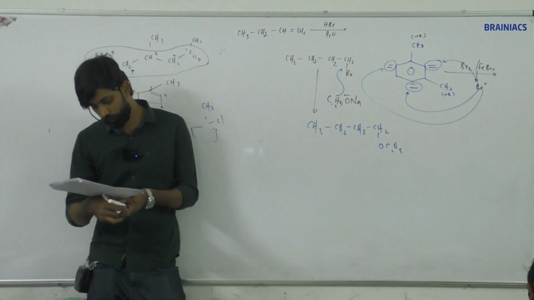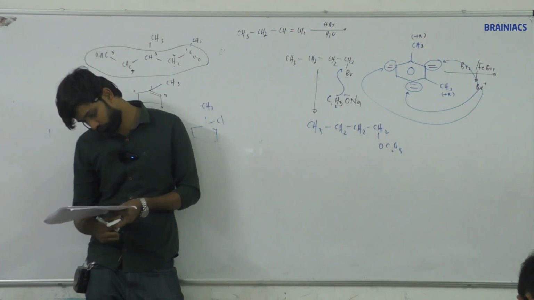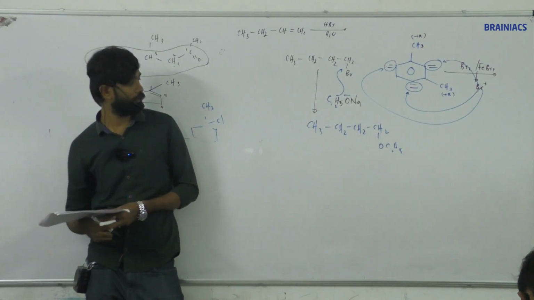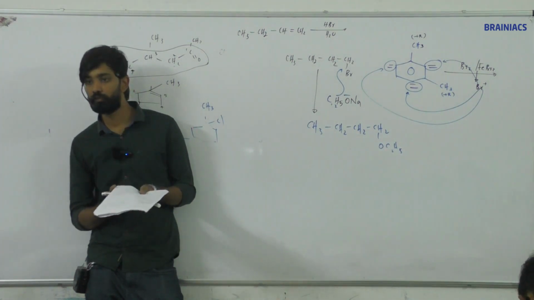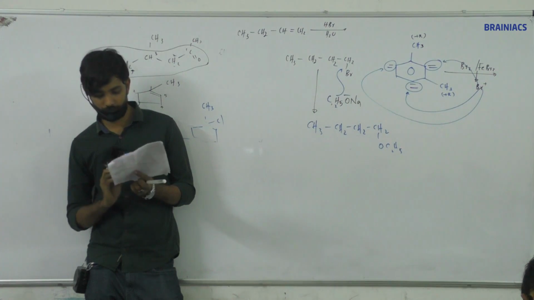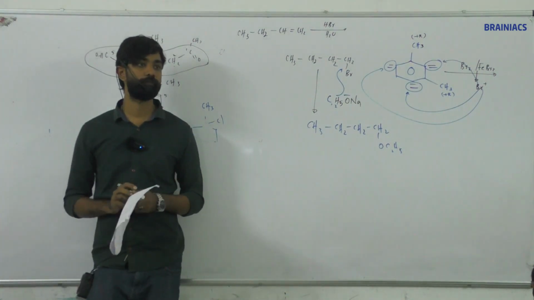Okay, the choice will be A, right? What is A? CH3CH2 thrice OC2H5. The choice will be A.